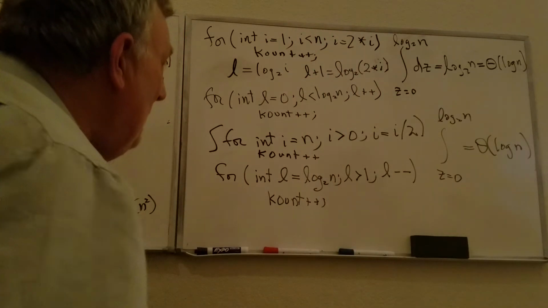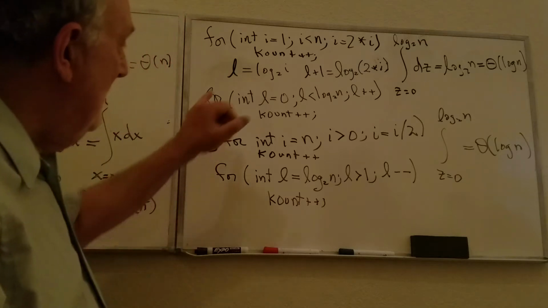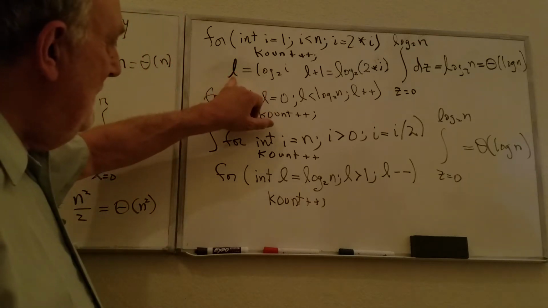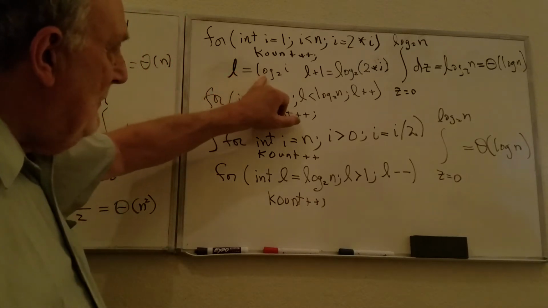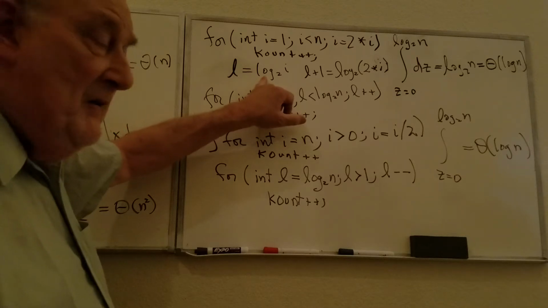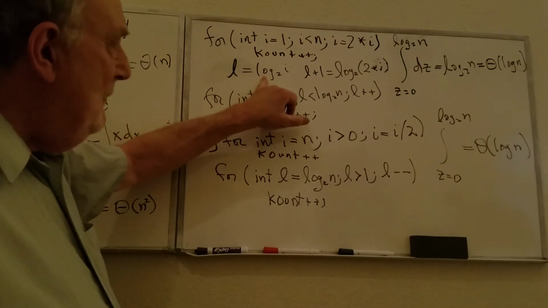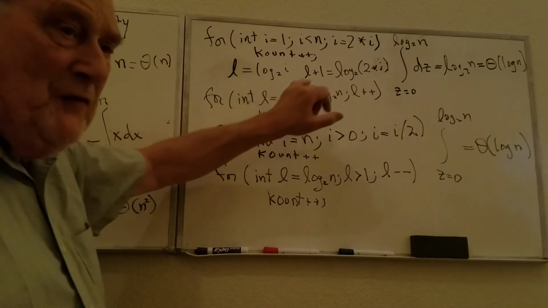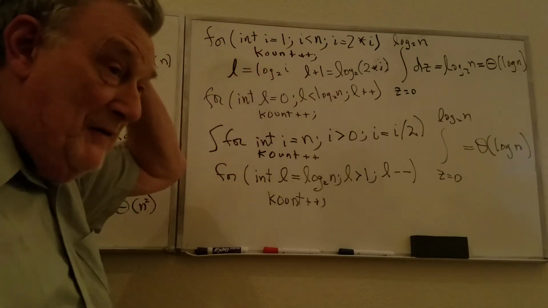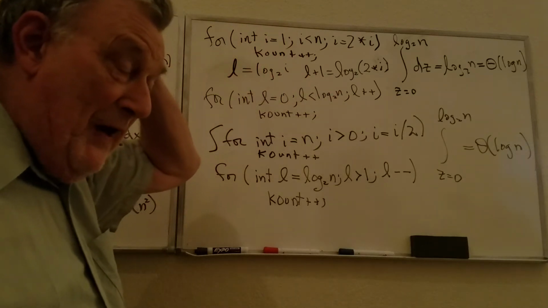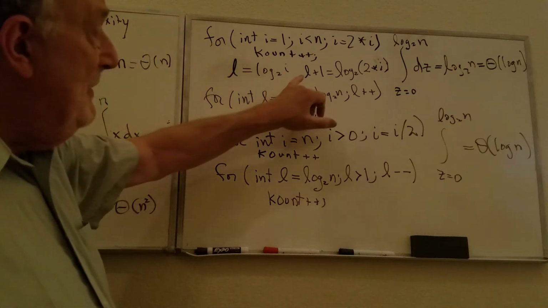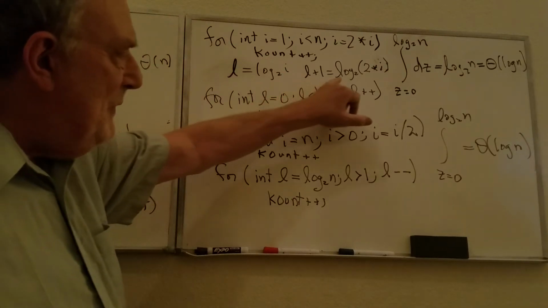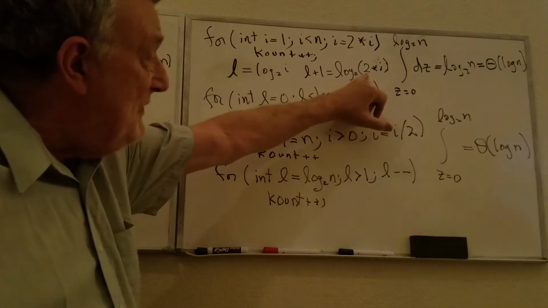Now the way to handle this is to make a substitution. We introduce an integer L, which is the base 2 logarithm of i. Doubling the number adds 1 to the logarithm, so we have L plus 1 is the base 2 logarithm of 2 times i.